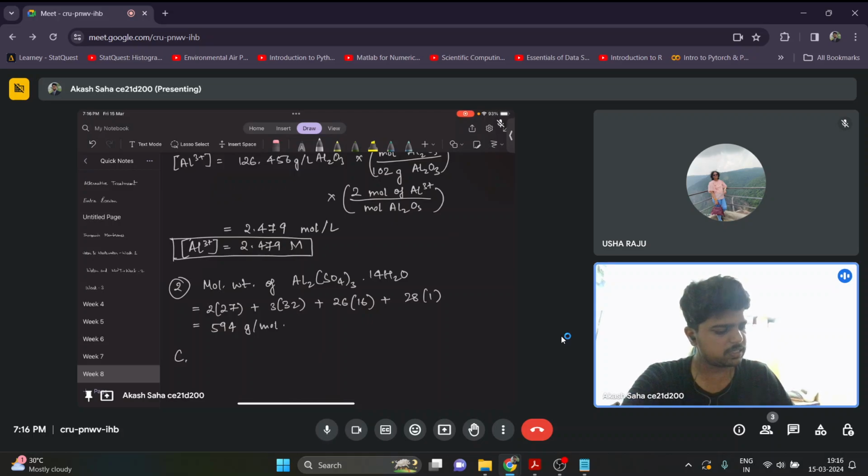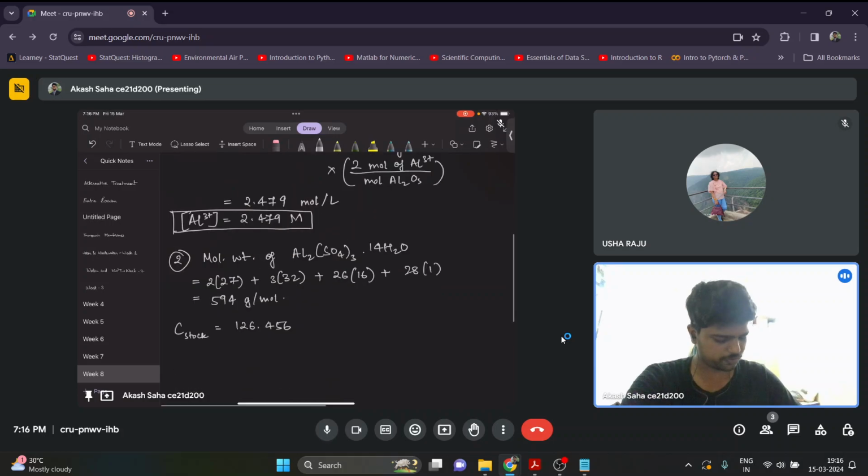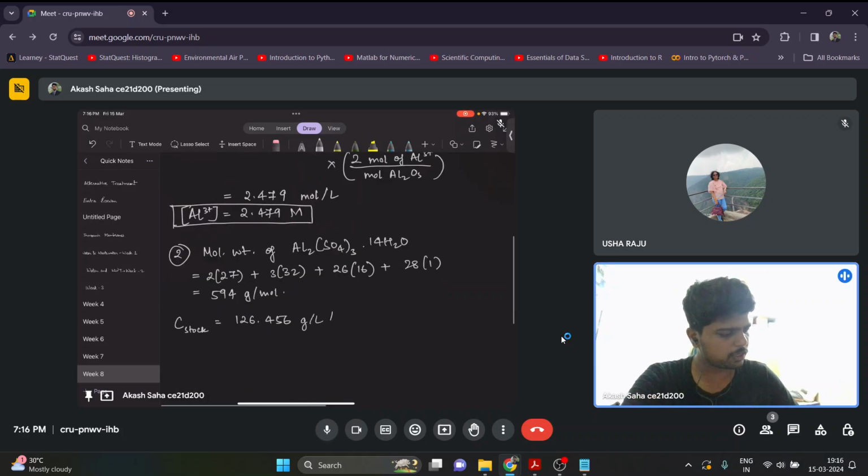So now my C stock, like the last time we did, we knew it is 126.456. So it is coming from the previous question, 126.456 gram per liter of Al2O3. So we will just find out the weighted average kind of thing. It will be 594 gram per mole of alum per 102 gram per mole of Al2O3.